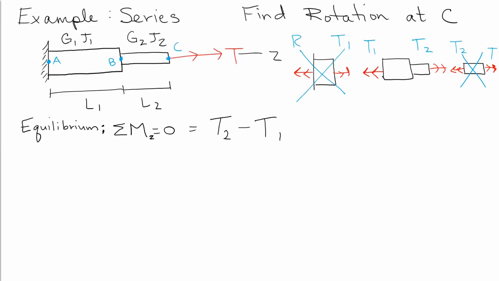With equilibrium, whatever direction your thumb is pointing, positive or negative, tells you whether that's a positive or negative torque. So they're both putting positive torsion into the member, but in terms of equilibrium, T2 is positive, T1 is negative, and they have to sum to 0, which tells us that T1 equals T2.